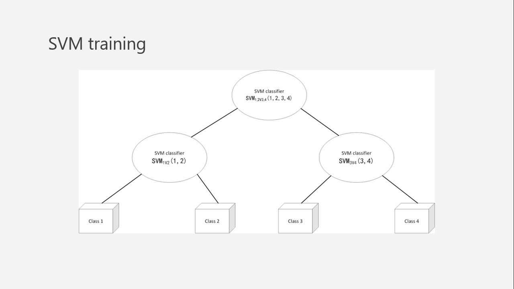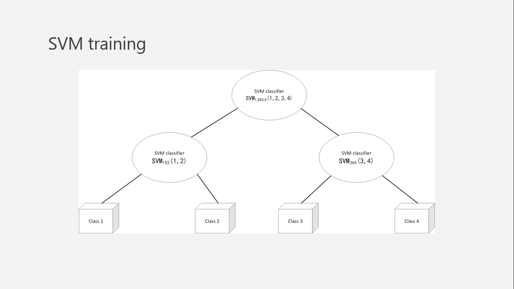If the visibility level of image is Class 1 or Class 2, then go to the left leaf node of layer 2, and if the visibility level belongs to Class 3 or Class 4, then go to the right leaf node of layer 2. Second, go to the left leaf node.